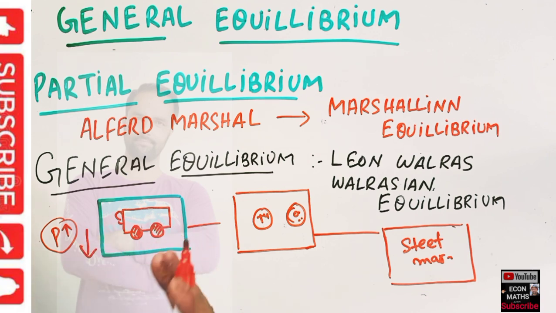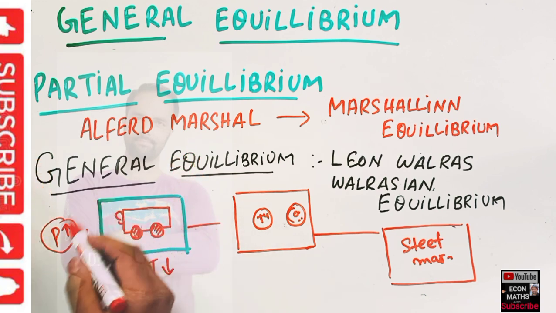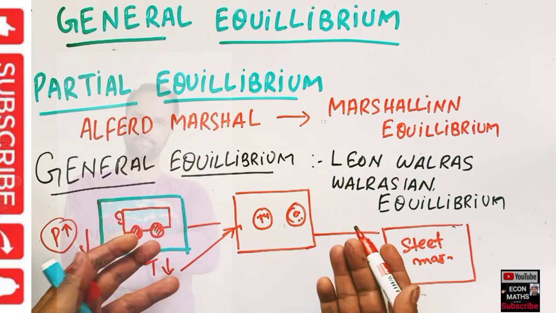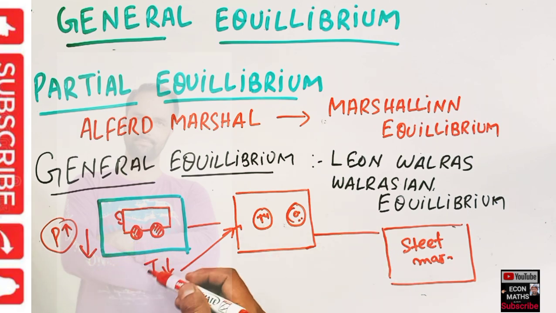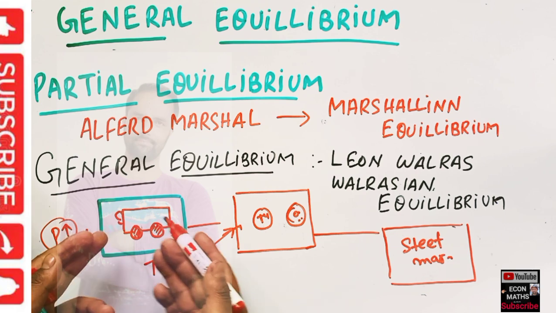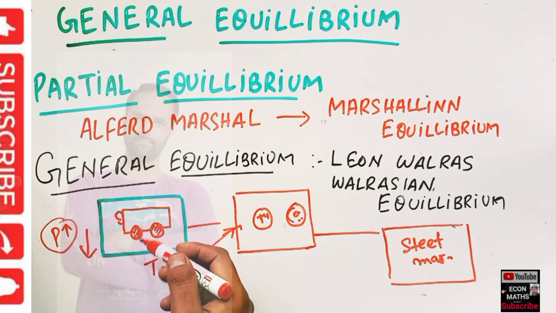Okay, then what will happen? If the quantity demanded of electric vehicle is decreased, that means the demand of tires will also decrease. So the equilibrium in this market will influence this tire market where tires are being produced. Since quantity demanded of electric vehicles has decreased, the demand for tires has decreased, and obviously that is because this car is being assembled.